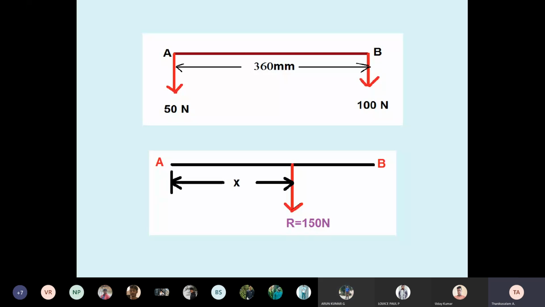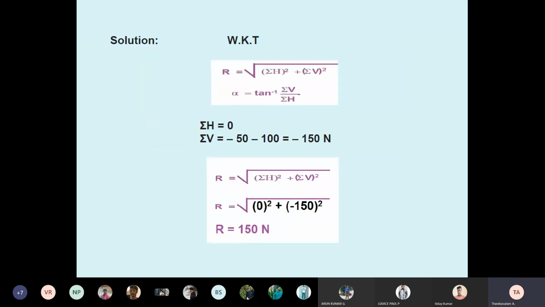Why is the resultant acting vertical downward? 150, tell me, what is the reason? Just now I have told. Why is 150 acting vertical downward? Nitish? What is H?